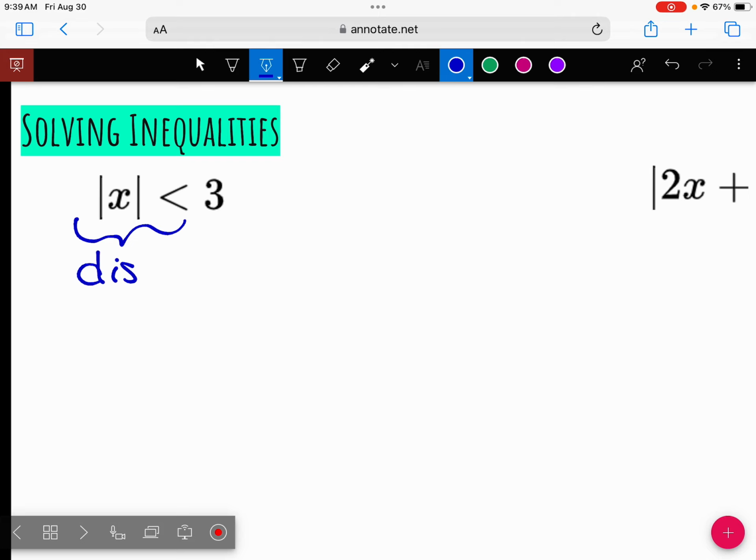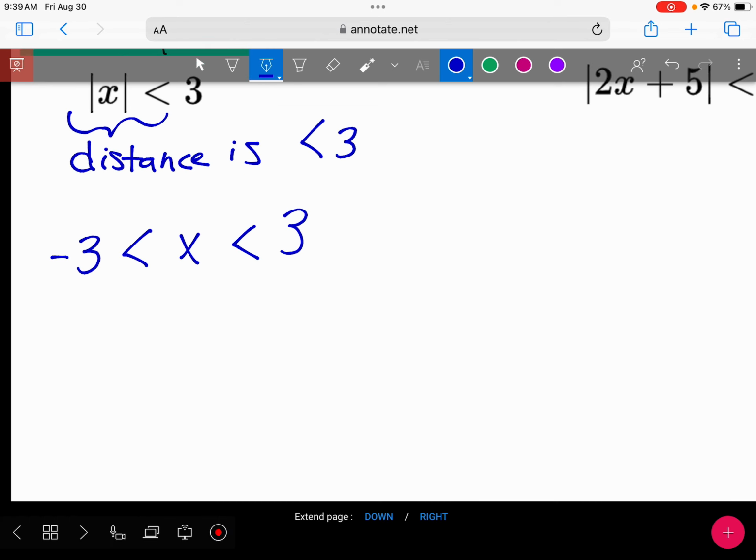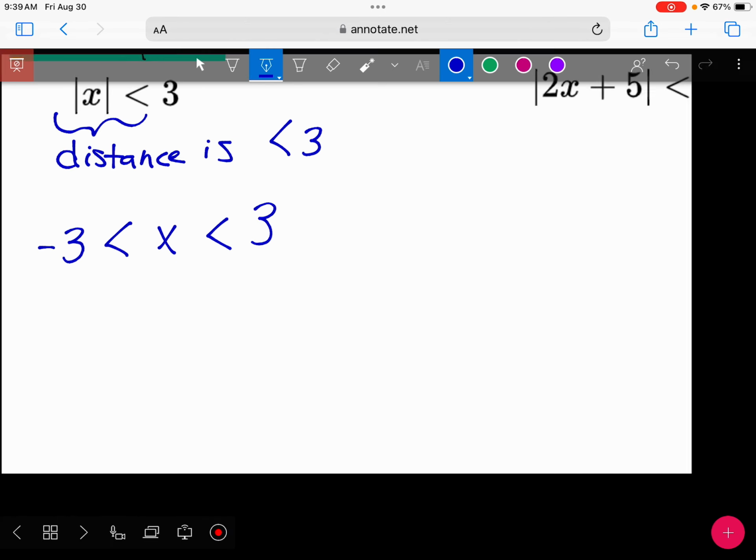My distance is less than 3. So x has to be between 3 and negative 3. Ooh, I heard that one be weird.